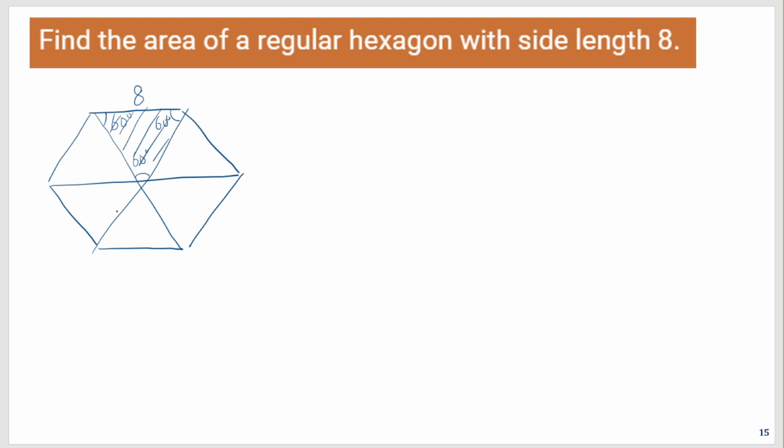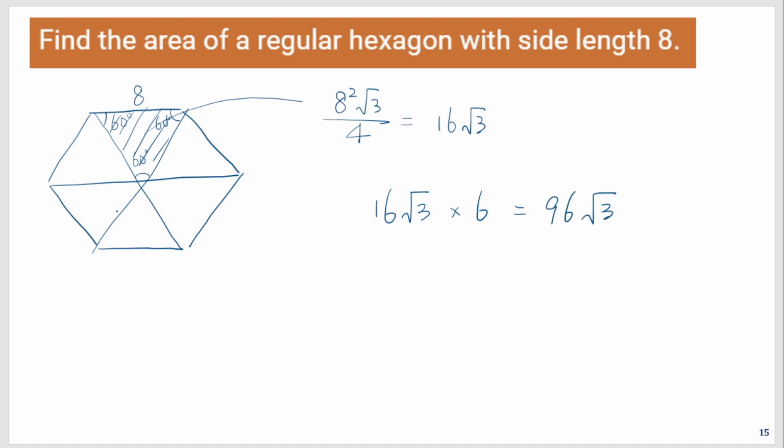The area of such a triangle is 8 squared times square root 3 over 4, right? Which is 16 square root 3. Therefore, the area of the regular hexagon is 16 square root 3 times 6, which is 96 square root 3, right?